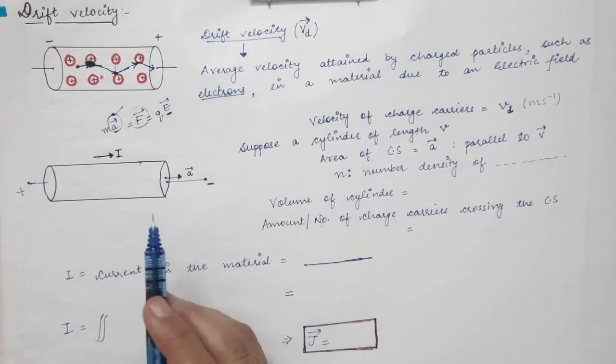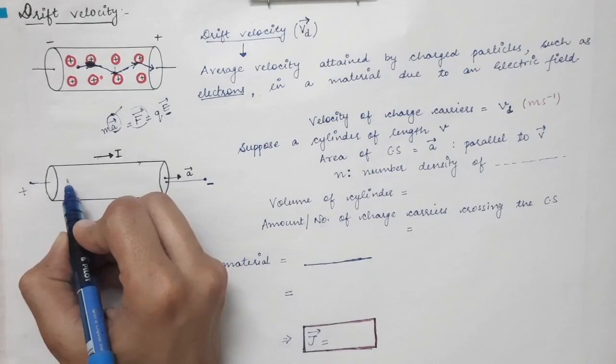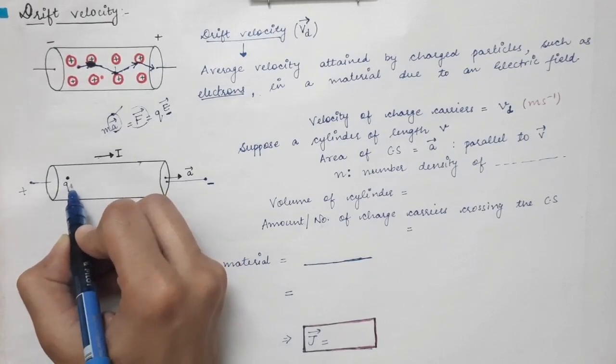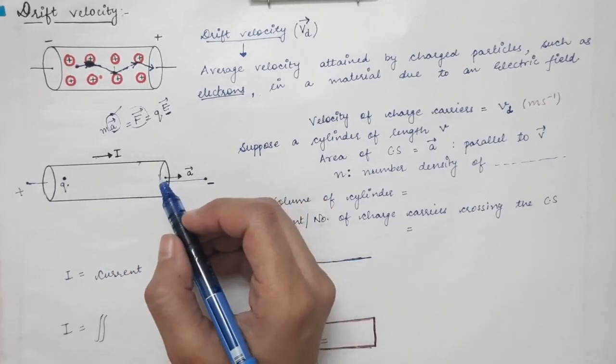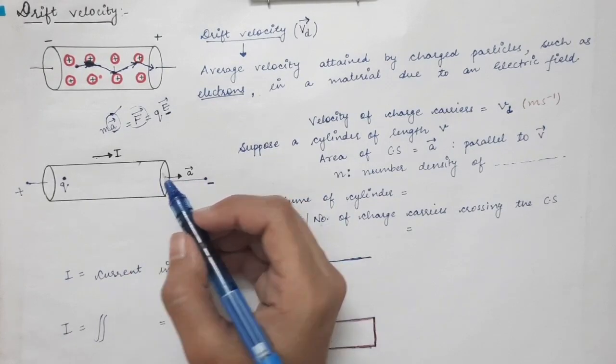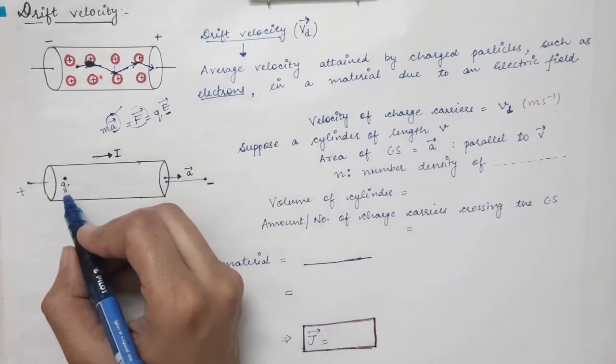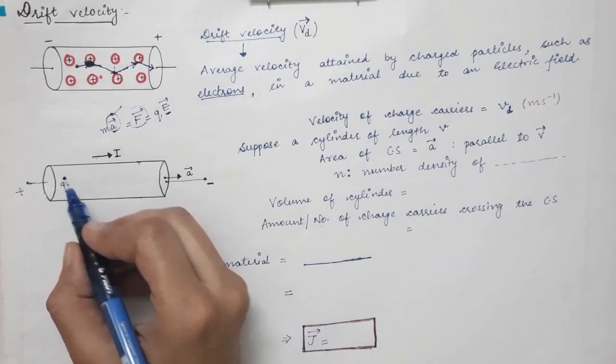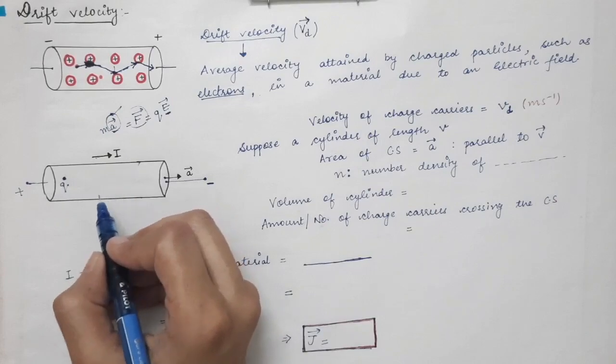And let's suppose that Q is the charge which is present on each charge carrier, and we are just supposing that the charge is positive in this case.